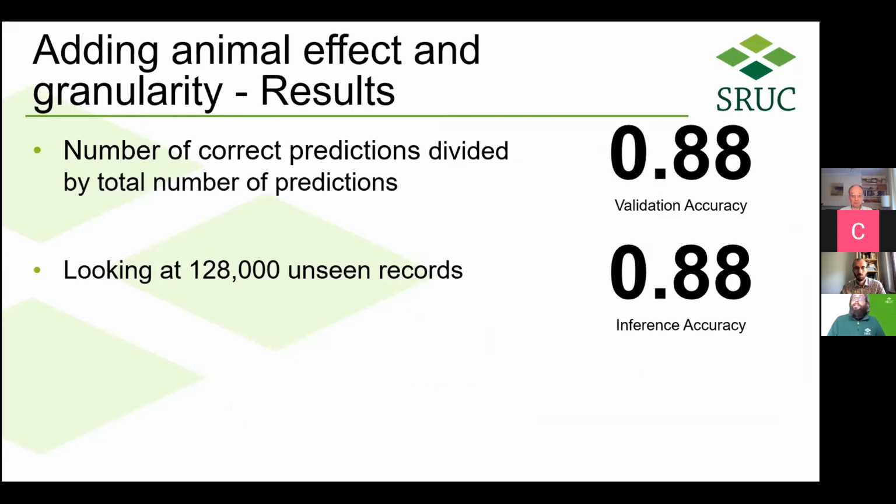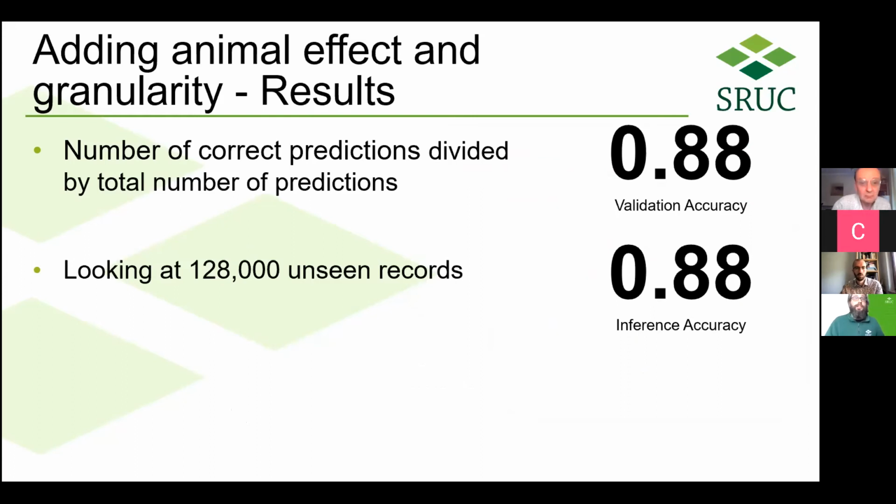So basically what this did is that it gave us a validation accuracy of 88%, which was lower than the previous model when we were just using the 1 spectral record. But when we then carried out inference using this model, we saw the same accuracy that was seen in the inference from the previous model.